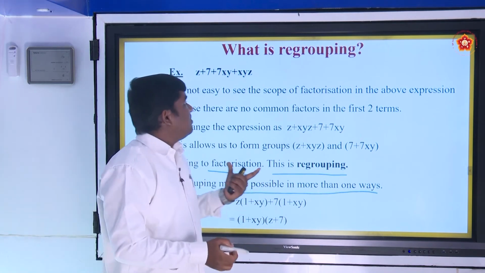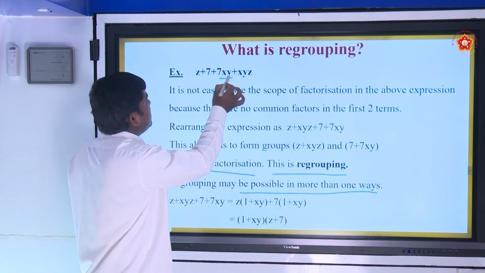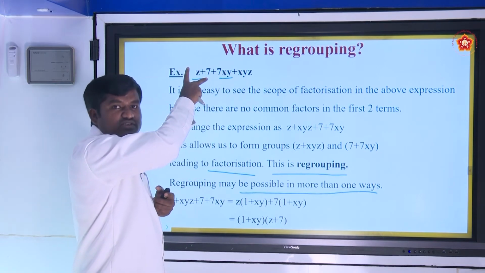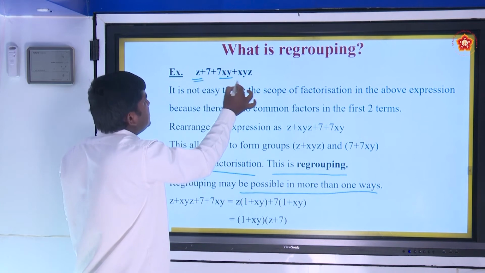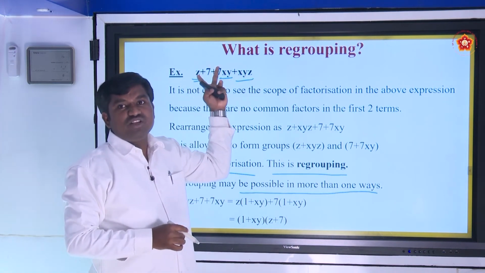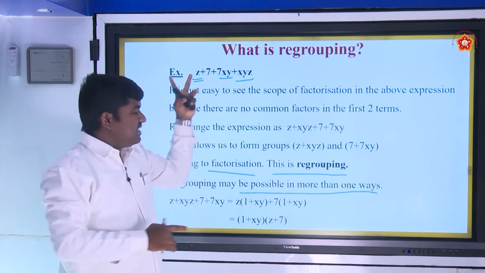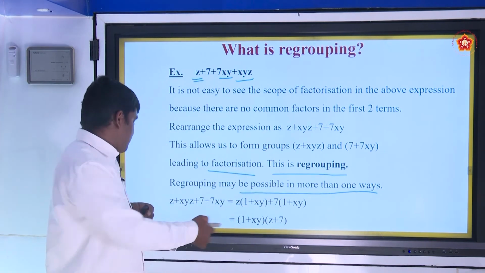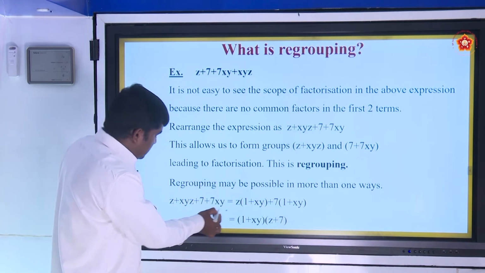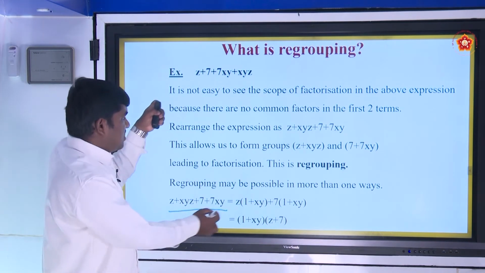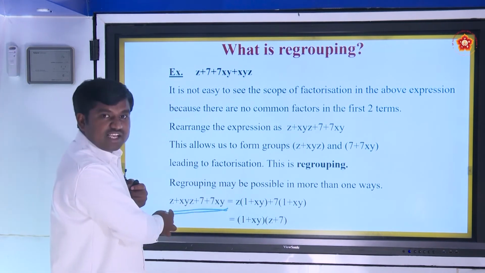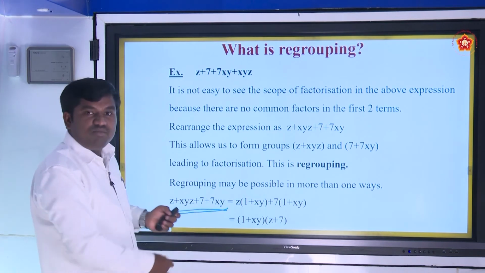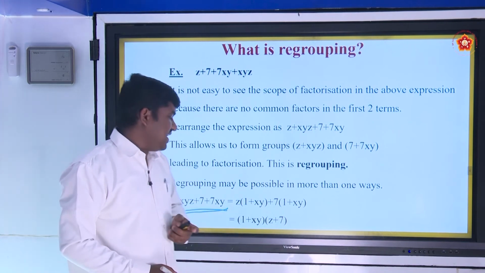It may be possible if something is common in this term and this term, we can group those. But here this term and this term have a common factor, so we grouped those two. It is possible in more than one way. See, this is the problem given, or this is the regrouping expression: z plus xyz plus 7 plus 7xy.